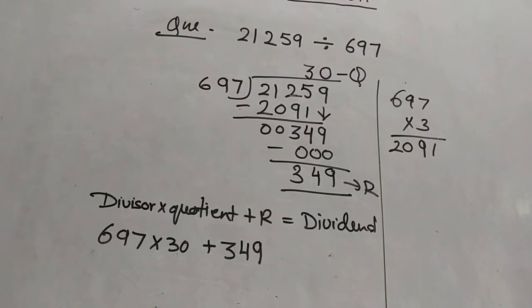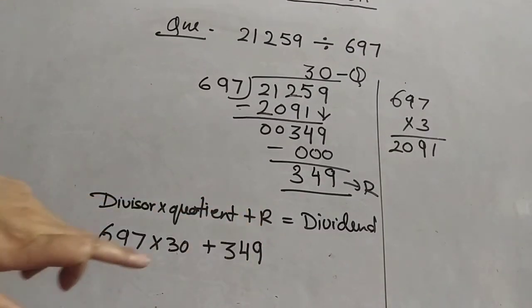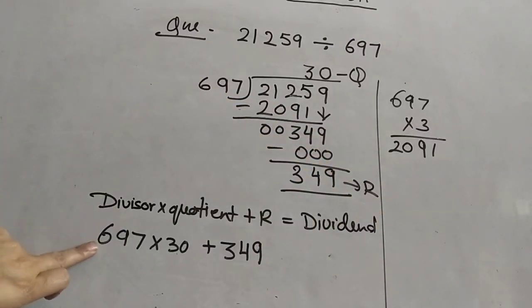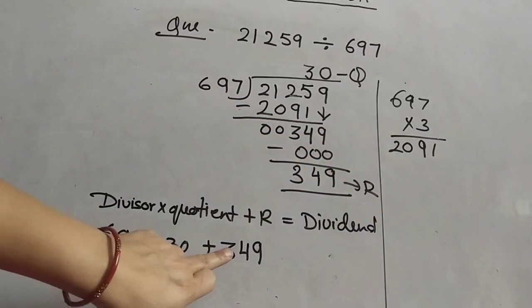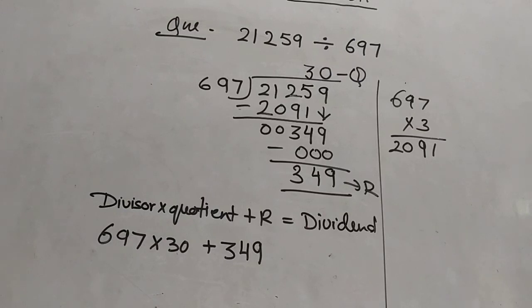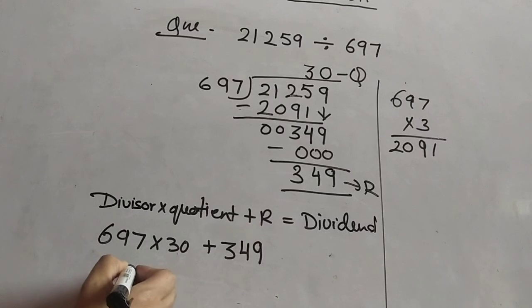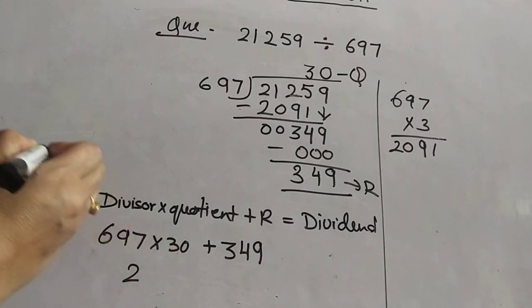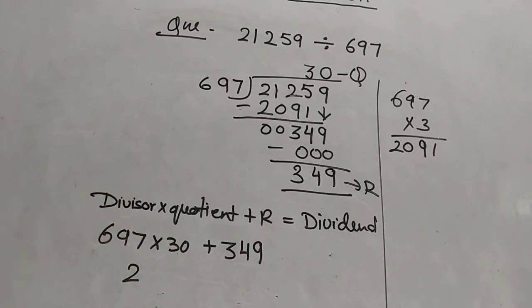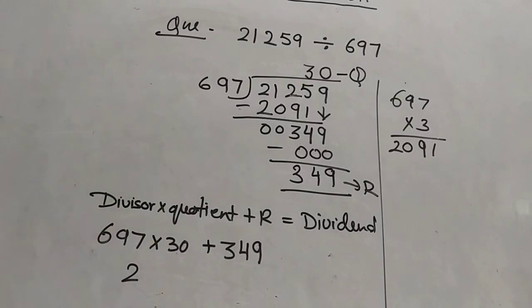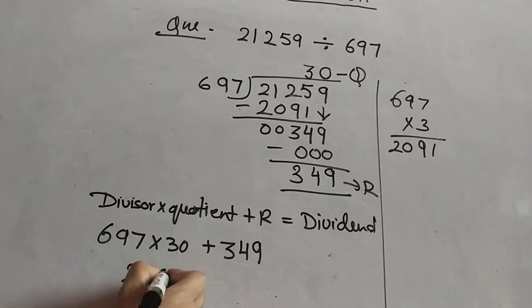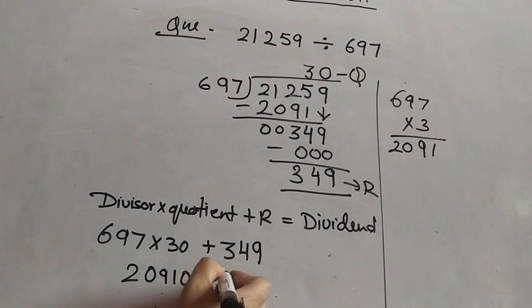So let's check it. Divisor into quotient plus remainder should be equal to dividend. 697 multiplied by 30 plus 349. 697 multiplied by 30 is equal to 20,910 plus 349.